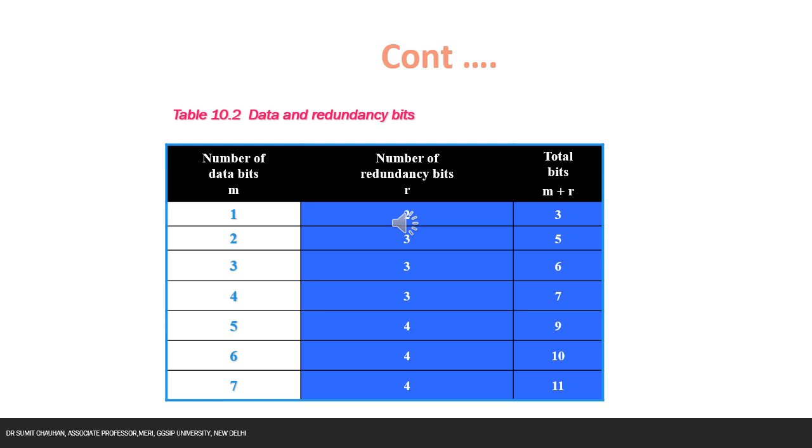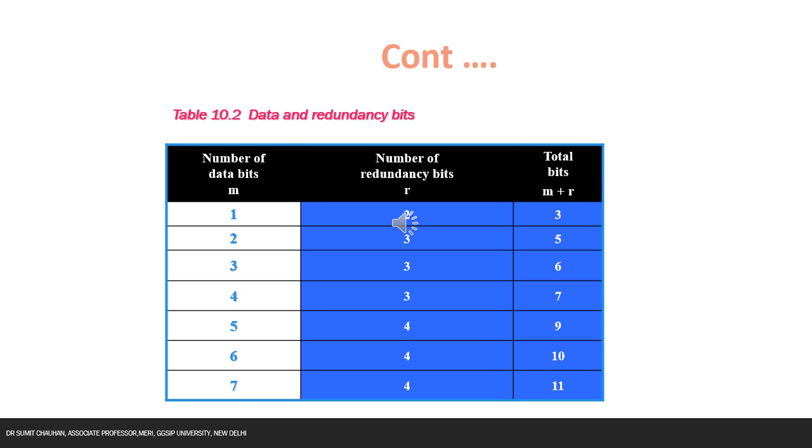Sometimes the question arises of how many redundant bits should be added to the data so that we are able to detect the error at the receiver's end, and not only the detection but the correction as well.